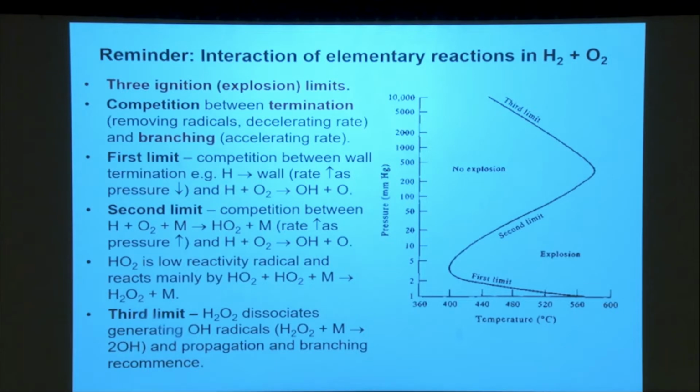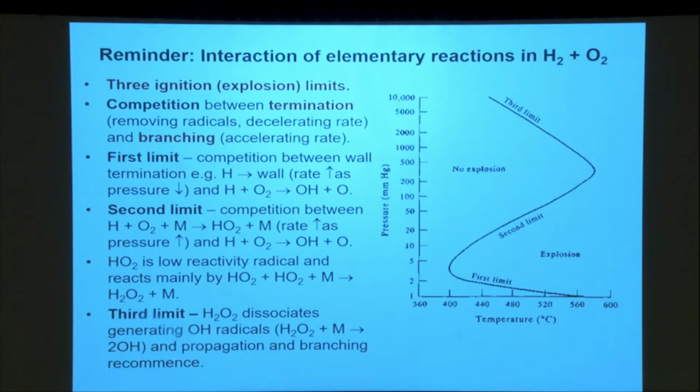But as we move up in temperature or pressure again, HO2 can react with itself to form hydrogen peroxide. Then as we cross the third limit, we get to temperatures and pressures where we have enough energy to dissociate hydrogen peroxide back to 2OH radicals, which again is increasing the reactivity.